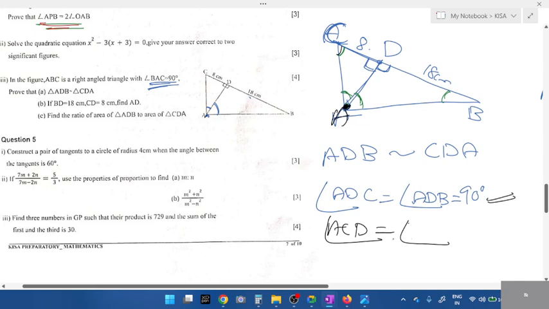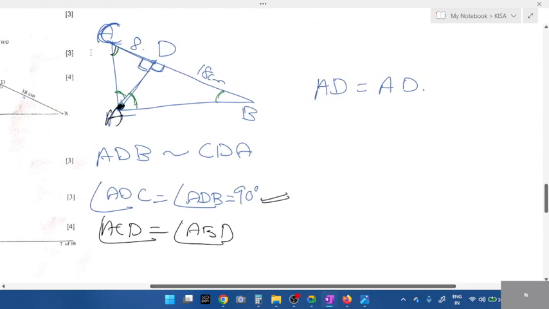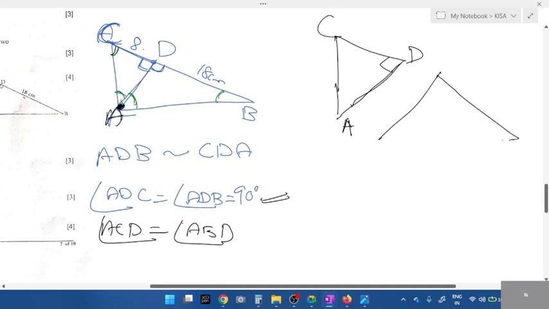ACD is equal to triangle ABD. Prove these two triangles. See, this is what they've told us to prove. A here, D and B, students.